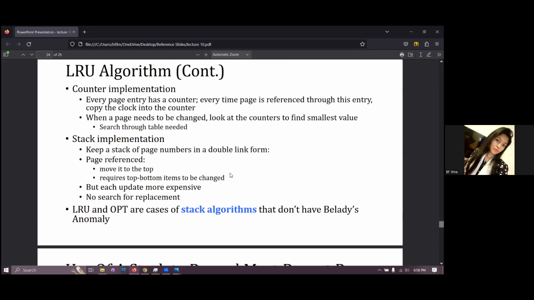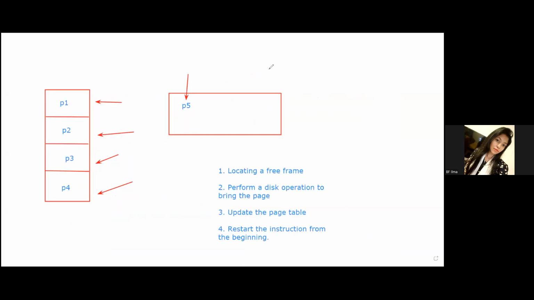So there are two kinds of implementations you can use here, which is the counter implementation. So here I'll go back to the whiteboard. Counter implementation is something like this. We have pages 1, 2, 3, 4, and let's say 5, and we have this page sequence, let's assume.